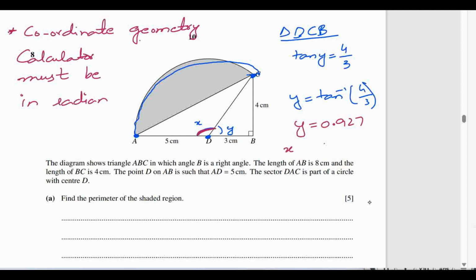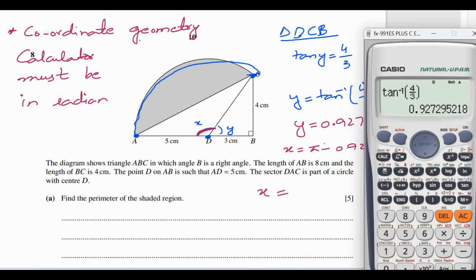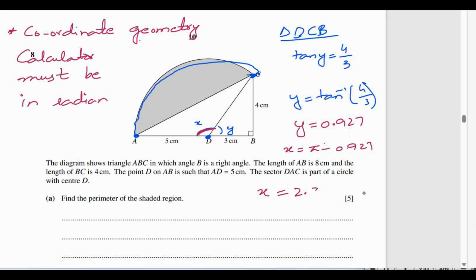So x will be equal to pi minus 0.927. So x will be equal to pi minus the previous answer. So this will be equal to 2.214 radian. Now this will be the value of angle x.